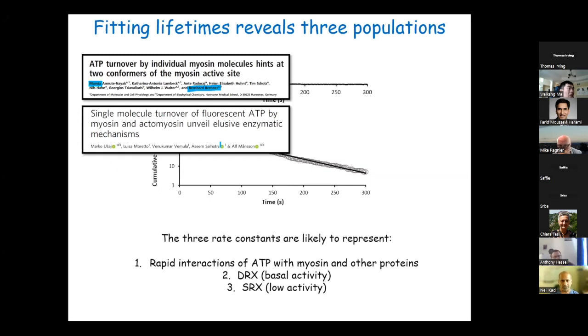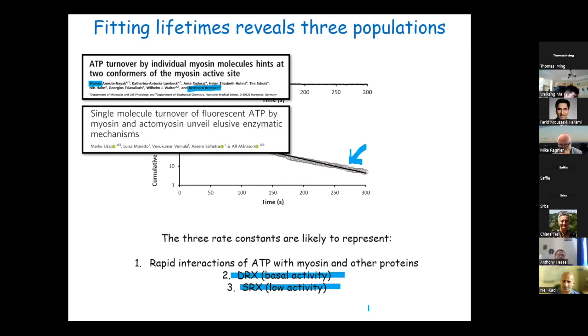And more recently, Alf Manson in 22, Marco Usaj in his group also measured ATP binding to myosins on the surface, and again found that to be a multi-exponential process, with the fast process potentially being the interactions of ATP non-specifically binding to the surface and potentially increasing the on rate of ATP into the active site. The second and third rate constants from this graph would correspond to the DRX and SRX, and that's because of the rate similarity.